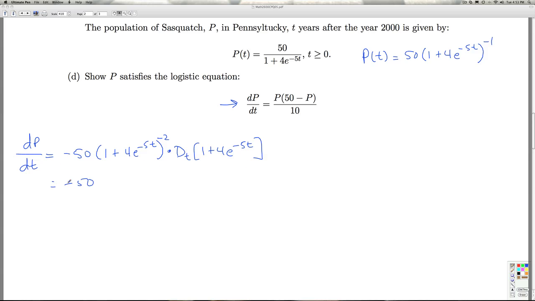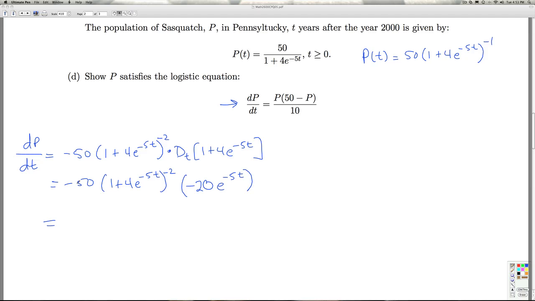So this is negative 50 times (1 plus 4e to the negative 5t) to the negative 2nd power times the derivative of what's inside. The derivative of 1 is 0. The derivative of e to the negative 5t is negative 5e to the negative 5t, but I've got the 4 out there, so that gives negative 20e to the negative 5t.